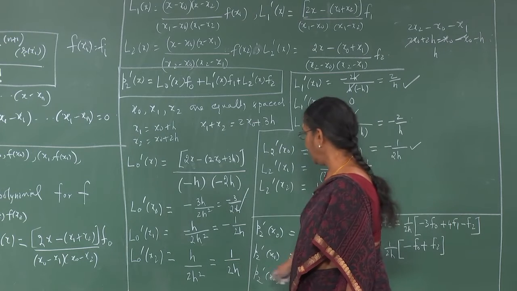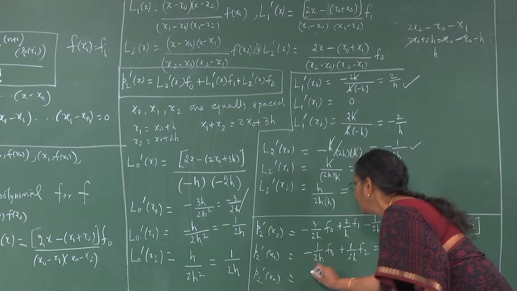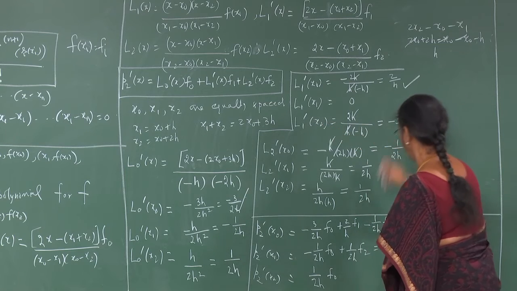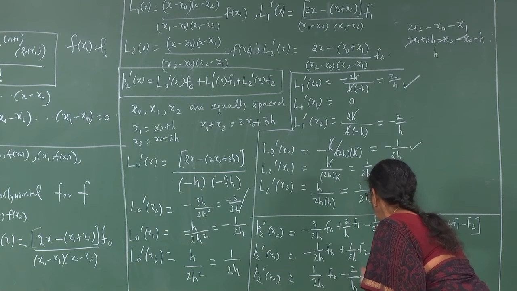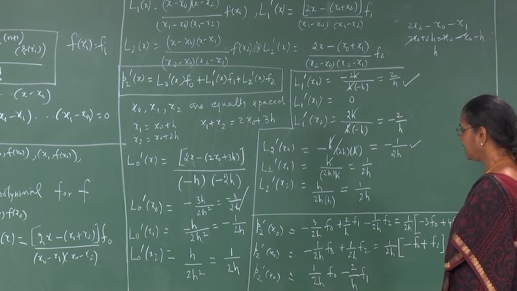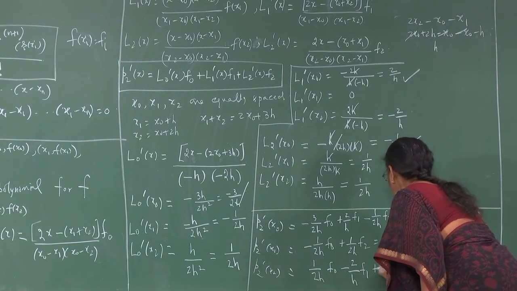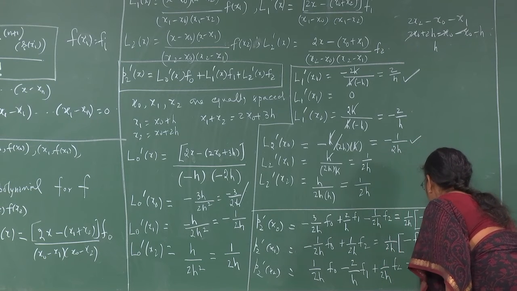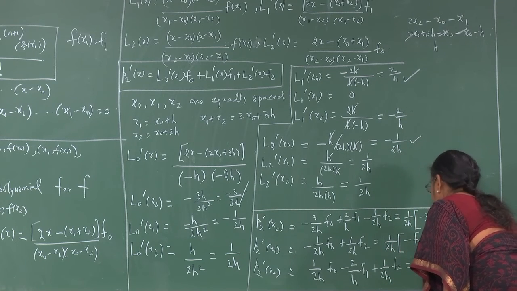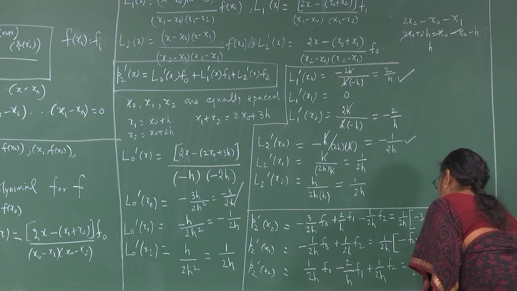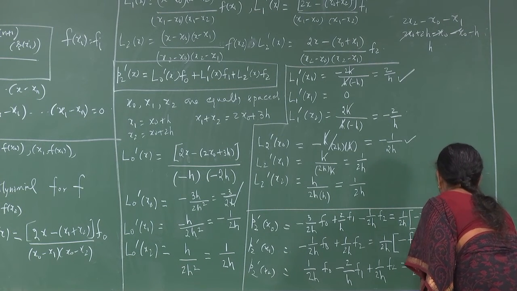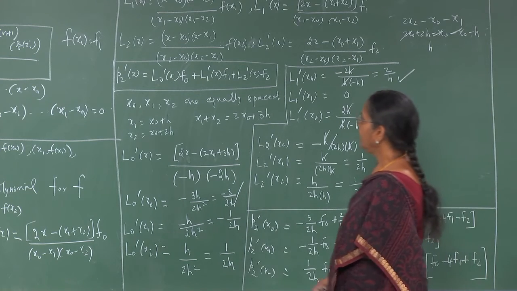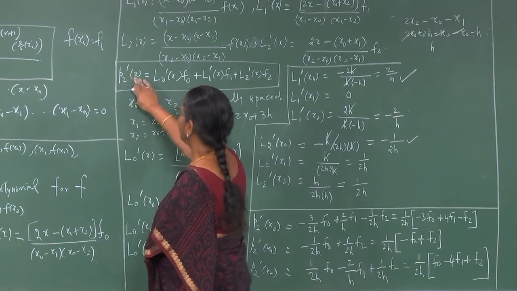Then P2 dashed at x2 is L0 dashed at x2, so 1 by 2h into f0, plus L1 dashed at x2, minus 2 by h into f1, then plus L2 dashed at x2, so plus 1 by 2h into f2. So, this again gives you 1 by 2h into (f0 minus 4 f1 plus f2). So, you have evaluated the derivative P2 dashed at the nodes.